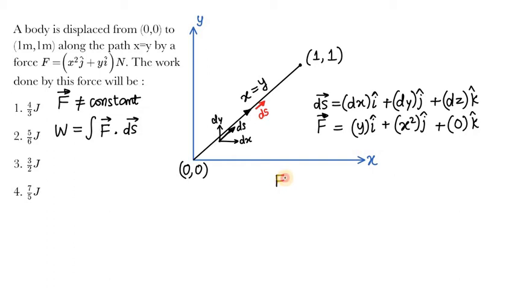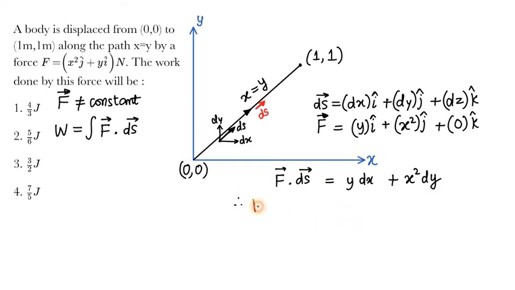F dot ds is equal to, we multiply coefficients of i cap, that is y into dx, plus these coefficients x squared into dy. This is your F dot ds.